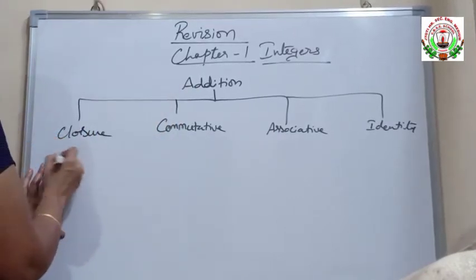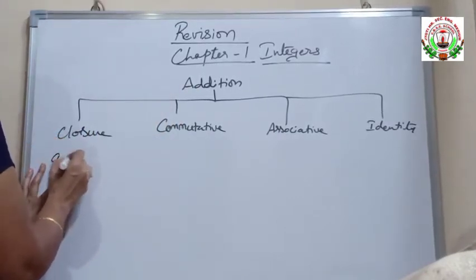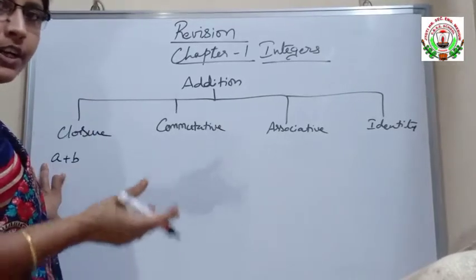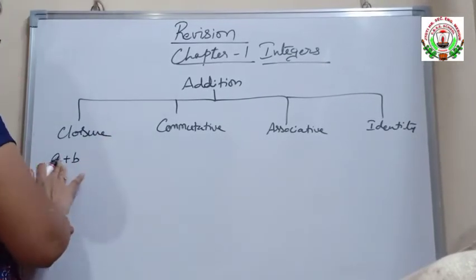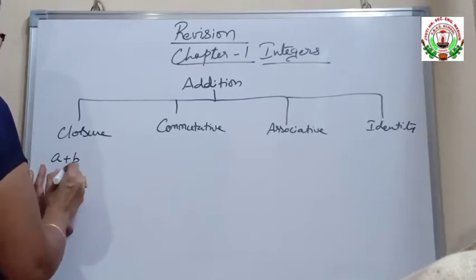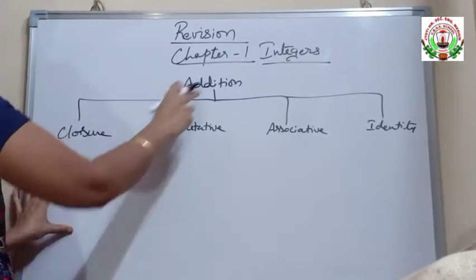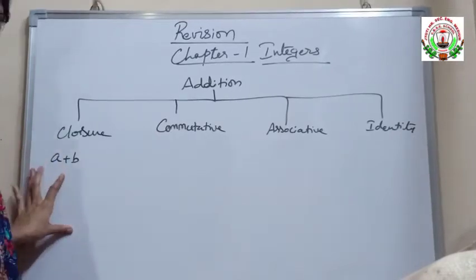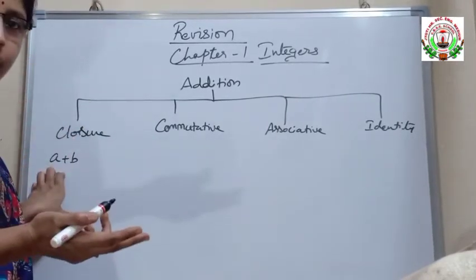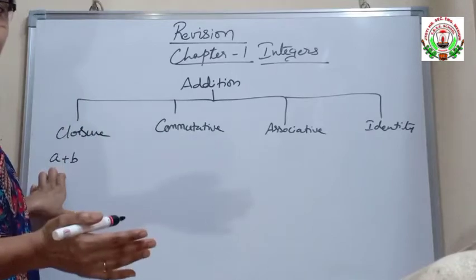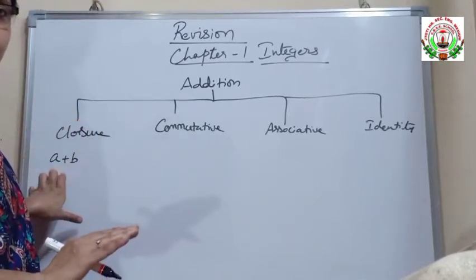See, if you take any 2 integers, whether it is a positive integer or a negative integer, when you add them. We are going to come to subtraction next, now just addition. So I am telling about addition. When you add any 2 integers, the answer which we are going to get is an integer only.